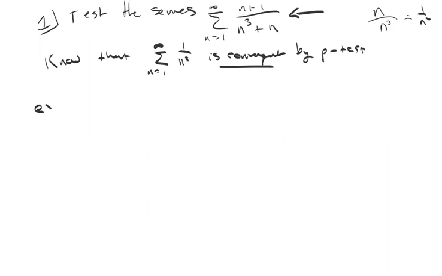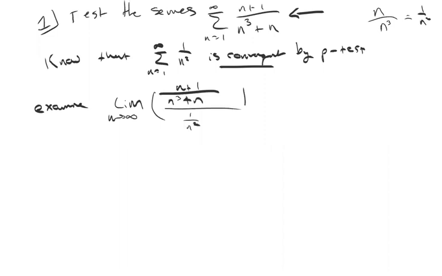So examine the limit as n approaches infinity of, excuse me, I want to put the other summand on top here, n plus 1 over n cubed plus n over 1 over n squared, which is equal to the limit as n approaches infinity of n squared times n plus 1 over n cubed plus n.